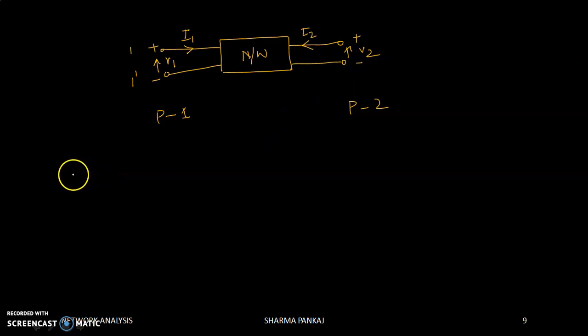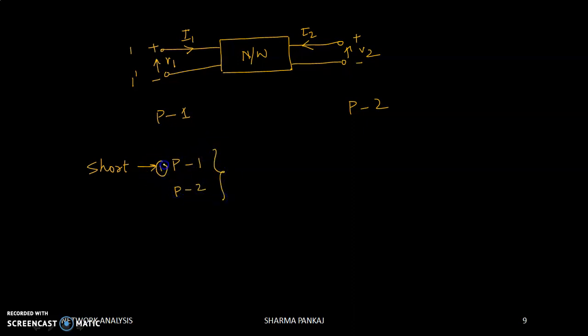Now we are going to determine this Y parameter. We are interested to determine Y parameter. Now we have to short circuit the port 1 or 2. We have to short a port, either port 1 or port 2.